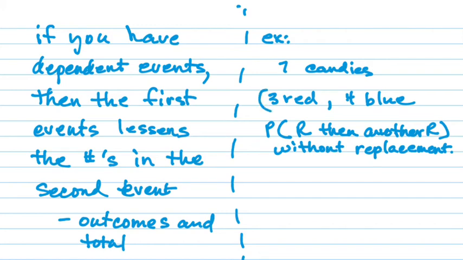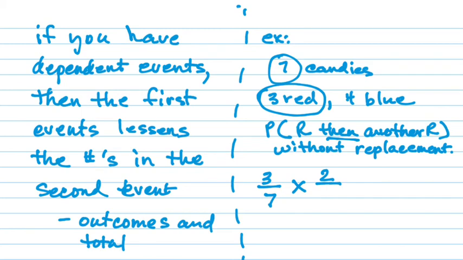Well, we have 3 red candies in our bag originally. So 3, and we have 7 total candies, so 3 out of 7 would be a red candy the first time. And then, so multiply. Now the second time I reach into the bag, I've already taken 1 red candy out, so I only have 2 red candies to get.